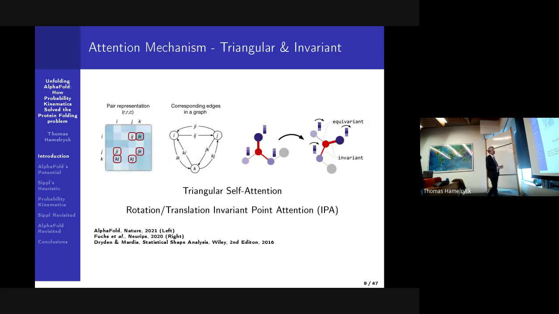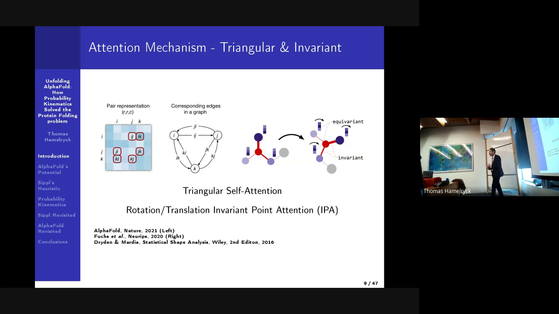So there were a couple of innovations or key ideas, and AlphaFold 2 was based on attention. AlphaFold 1 was not based on that. The attention mechanism is, of course, something that we know very well from ChatGPT. I'm not going to go into detail here because this is not about the attention mechanism. But basically, the attention mechanism was extended to finding out which amino acids are close together, and it was extended to considering triplets of amino acids.